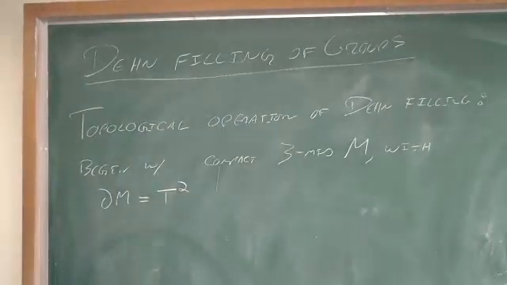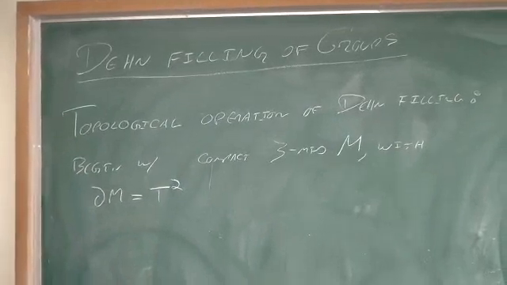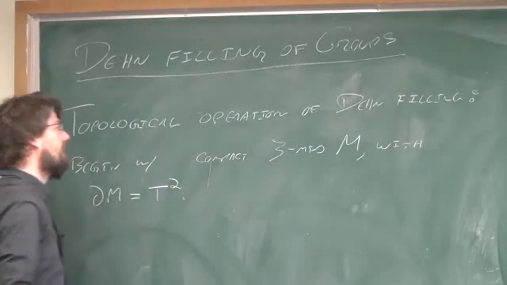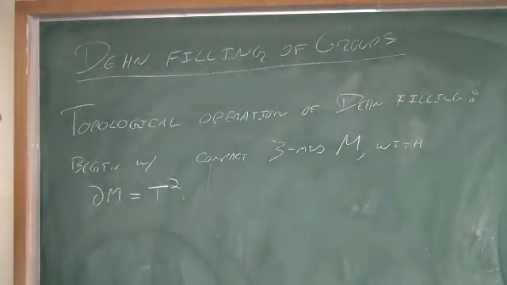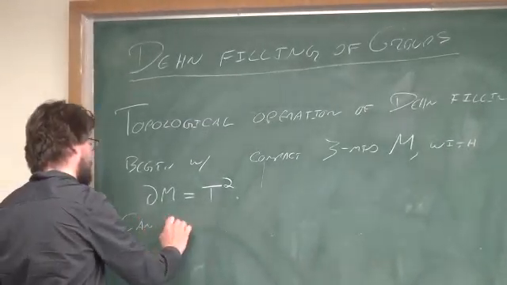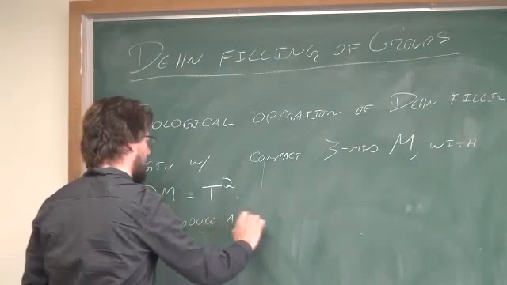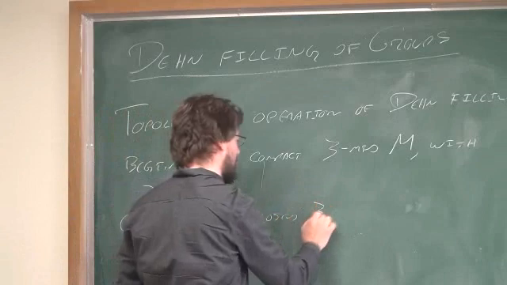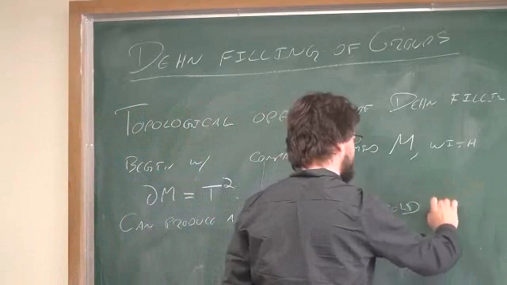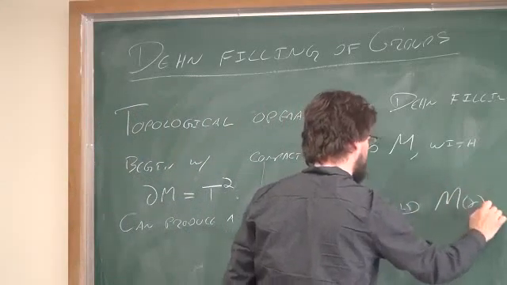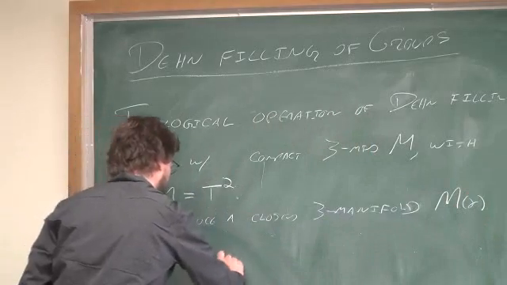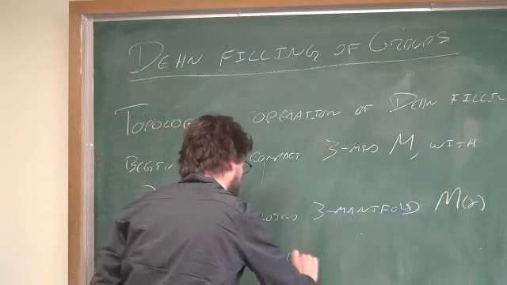This is slightly different from the way I phrased it last time, but we have a compact 3 manifold M with boundary a torus, and so I can get a closed 3 manifold by gluing on a solid torus. We'll write M of gamma by gluing on a solid torus.